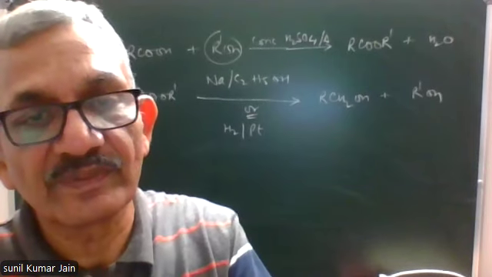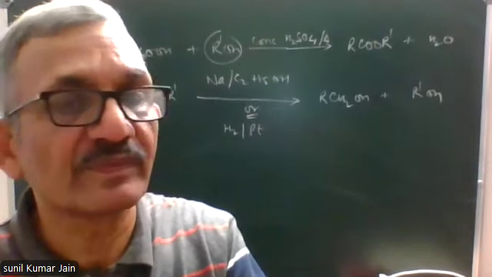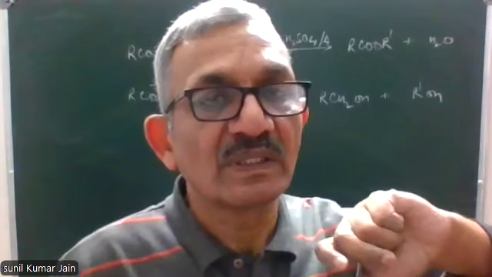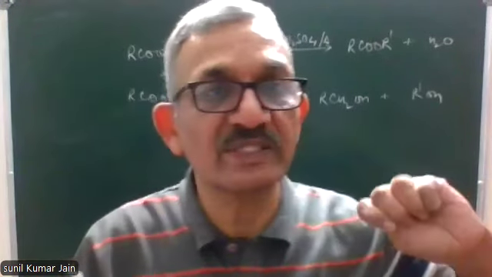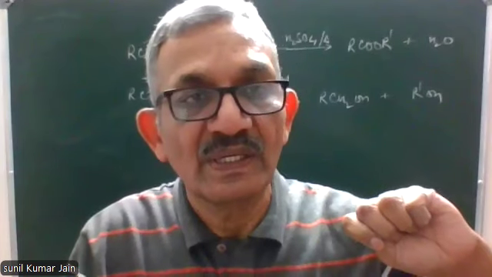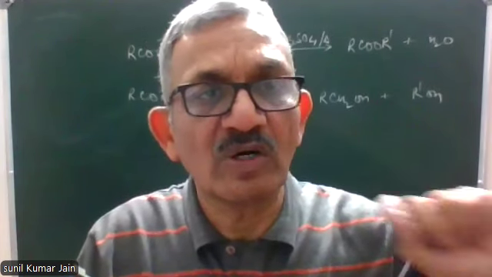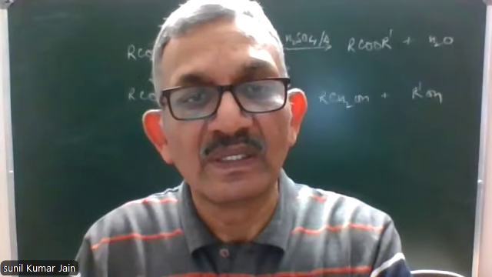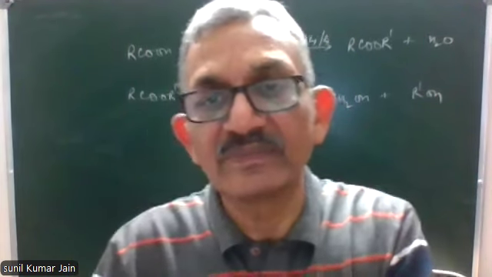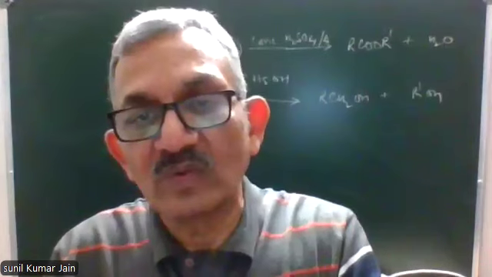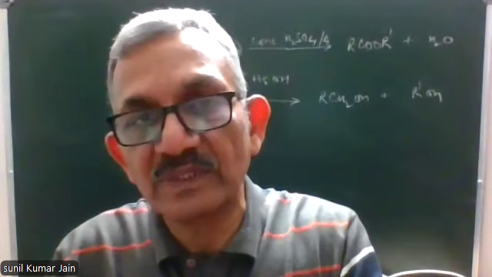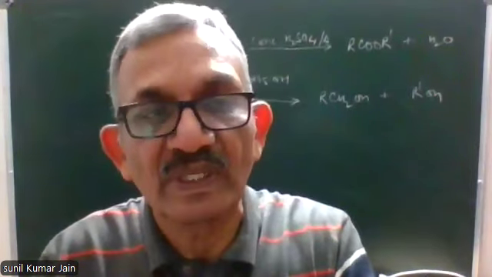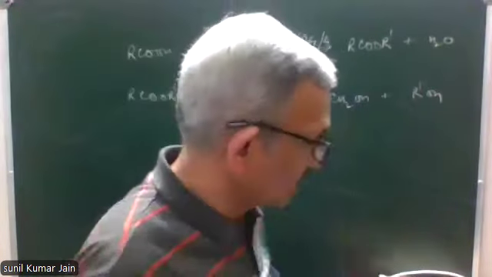By the reduction of carbonyl compounds. Carbonyl compounds means aldehydes and ketones. That on reduction of an aldehyde gives a primary alcohol, while ketones are reduced to a secondary alcohol.